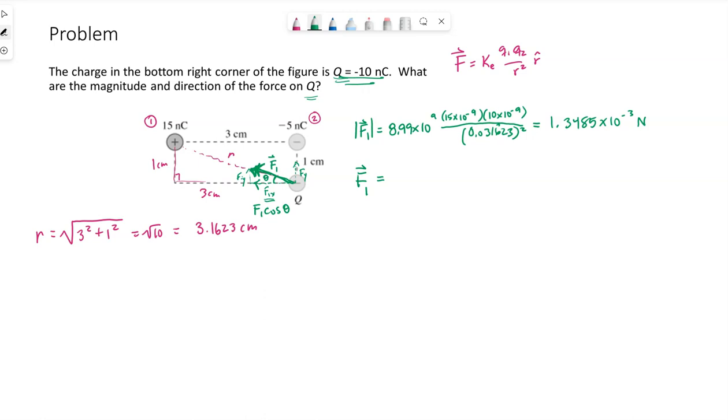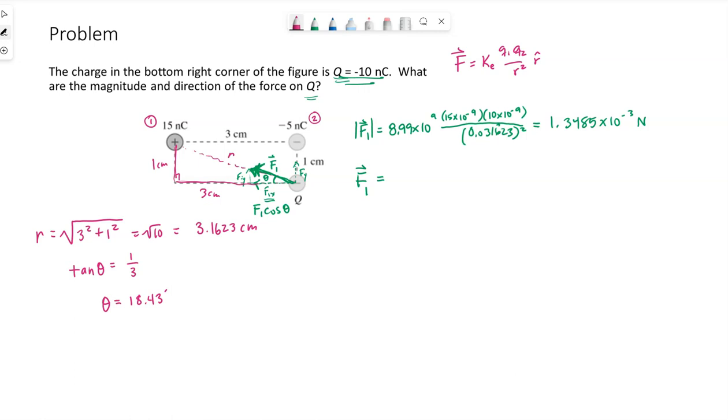So we can go ahead and find out what theta is, and we need to do that using the dimensions of the triangle again. So theta, I know the sides, so I could say the tangent of theta was 1 over 3. So 1 centimeter over 3 centimeters. Inverse tangent of 1/3 gives me an angle of 18.43 degrees.